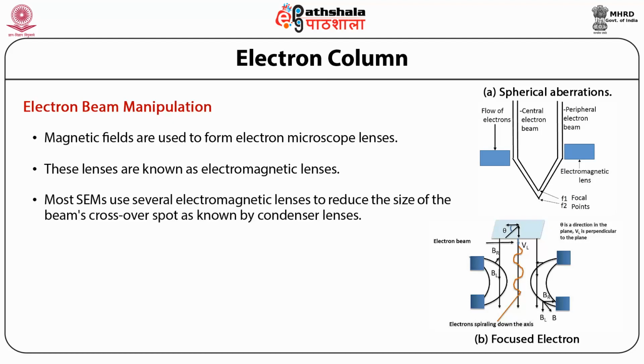Most SEMs use several electromagnetic lenses to reduce the size of the beam's crossover spot, known as condenser lenses.